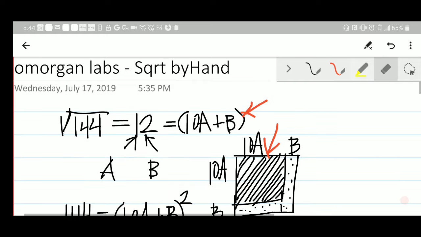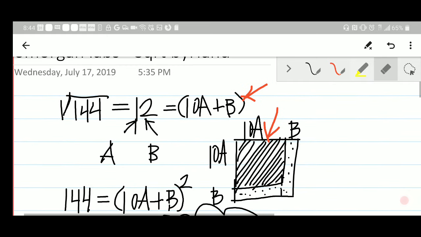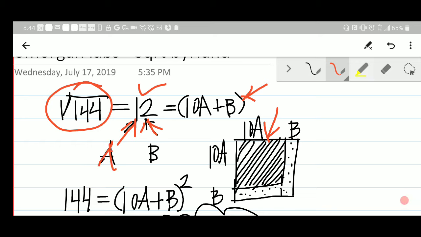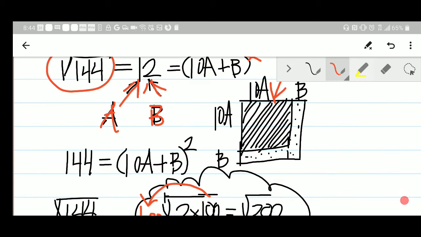Part one, if you've seen my other video, I started with something kind of easy that you knew: the square root of 144, that's 12. If we represent the two digits by letters A and B, you can rewrite 12 as 10A plus B. So 144 equals 10A plus B squared.